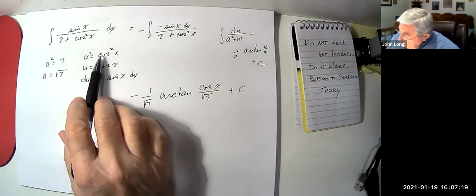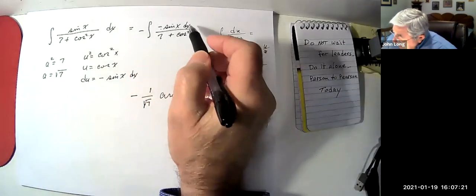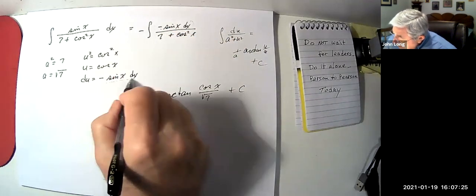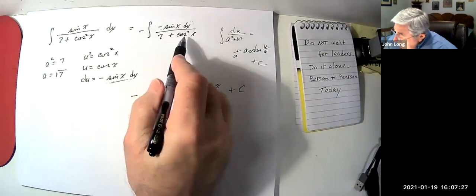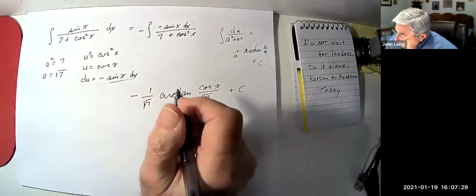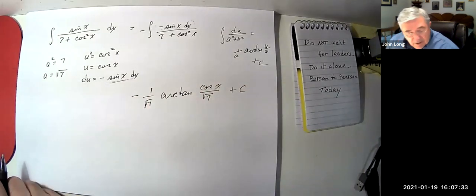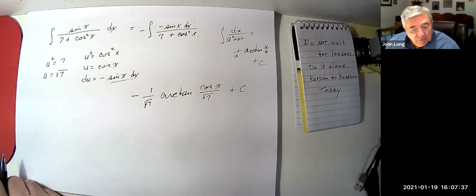And so we made this fit the formula. All of this part here, you see, was required to be your du, and a squared plus u squared. And so the formula fits, you get it done. Not bad. Not bad at all.